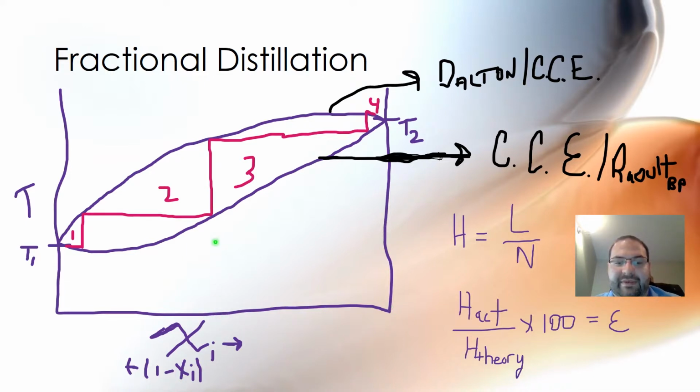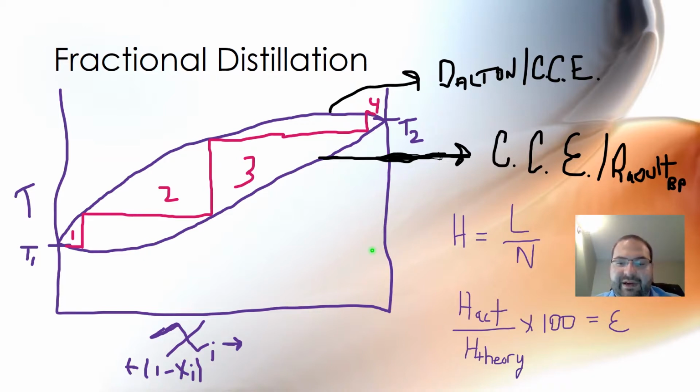I go up to 50, then I go up to where the vapor temperature is in correlation to that. I go across, see my next vapor temperature, go up, go across. In this case, I would only need 2 plates based on the shape of my graph in order to do it.